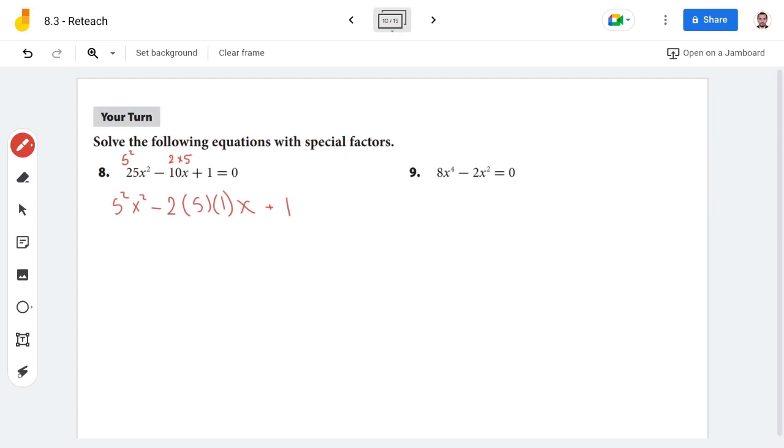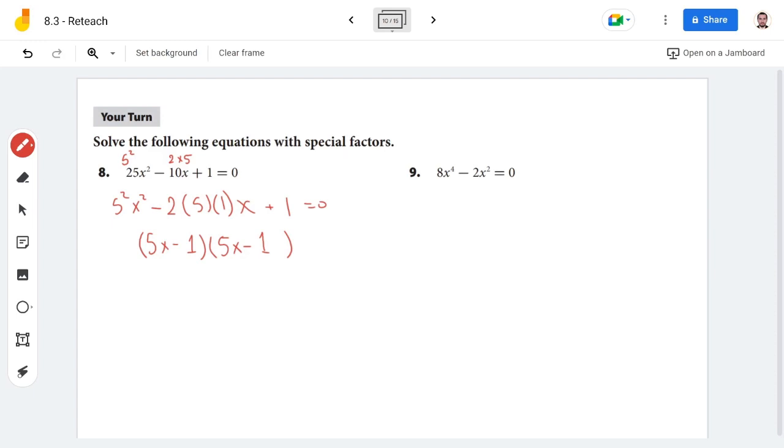Now the question looks like the formula that we learned in the beginning. Now you can put two brackets. The first bracket will be 5x, the second bracket will be 5x. This is a perfect square, so negative and negative. And this one will be 1, and also this one will be 1.